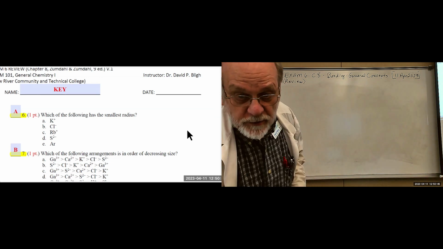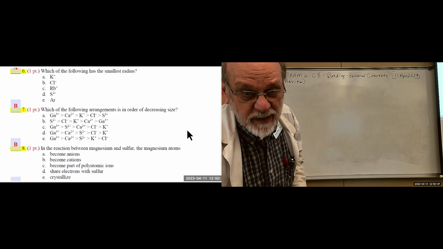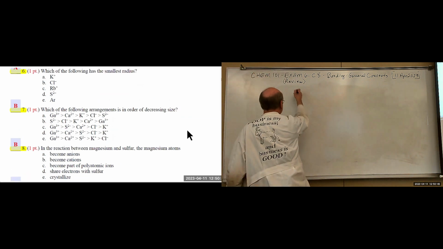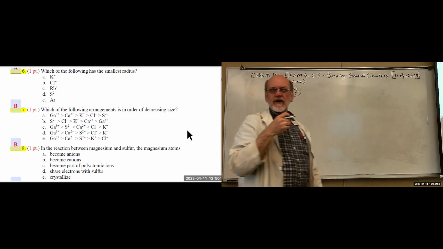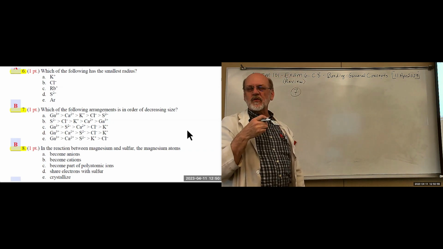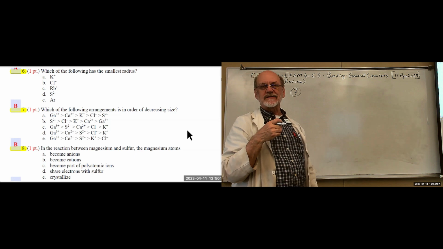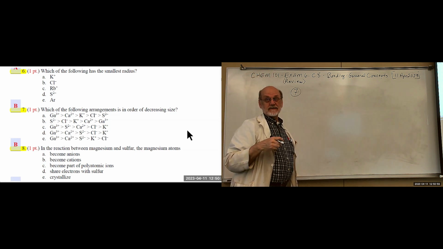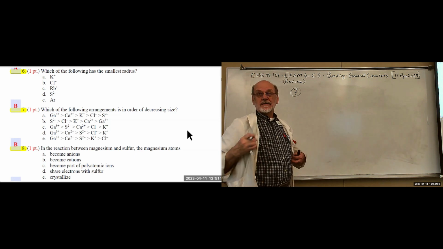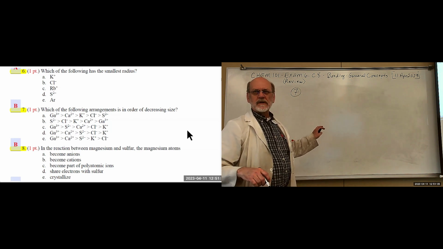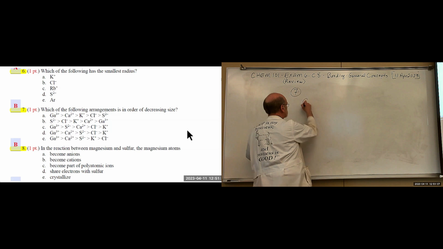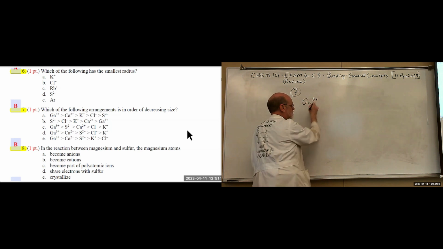Number 7. Let's scroll 7 and pick up 8. Which of the following arrangements is in order of decreasing size? Oh, now they're getting nasty. Decreasing size. Okay, let's see what we've got to choose from. Gallium 3+.